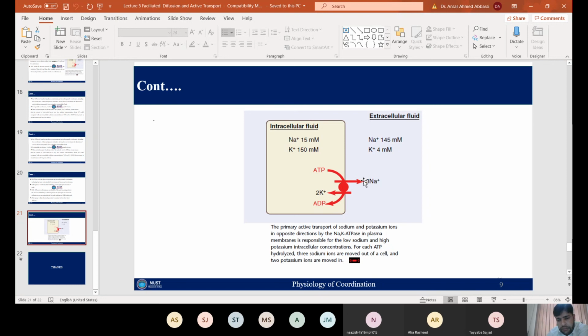As 3 positive ions are moving towards the outer side and 2 positive ions are moving towards the inner side, definitely there will be an imbalance of positive ions, meaning on one side there will be more positive ions and on the other side less positive ions, so there will be a separation of charges. The outer side will have positive charges and the inner side will have negative charges. Okay, got my point? Yes.